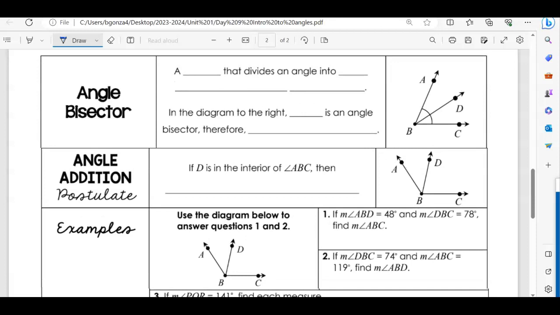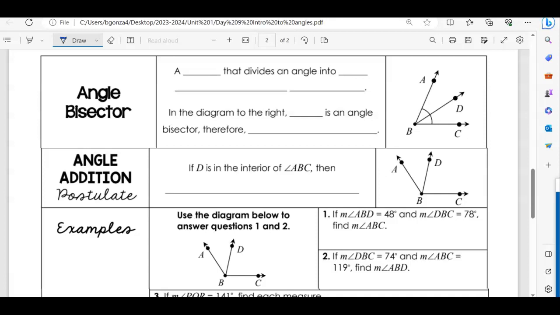Angle bisector. What's a bisector? What does that do? What does a bisector do? It divides it into two. Bisect. Cut into two equal parts. So you cut something exactly in half.